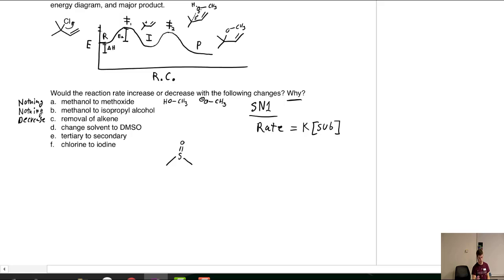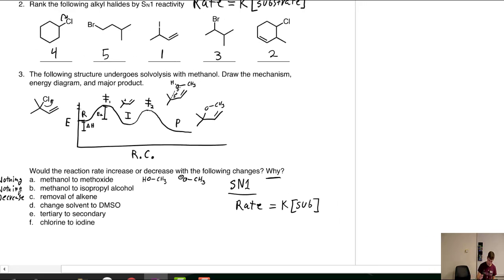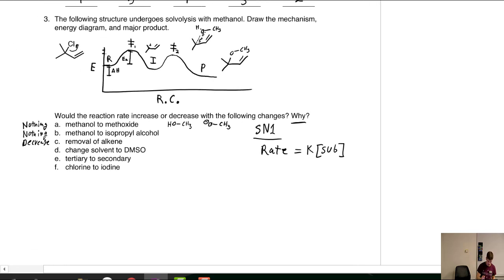So you could argue nothing and probably get it right, depending on your professor, if you stated that it didn't occur in the rate law. However, the correct answer to this one is it will decrease the rate because it won't stabilize the carbocation intermediates as well. So we'll say decrease.